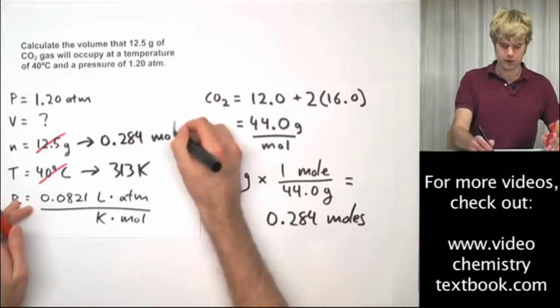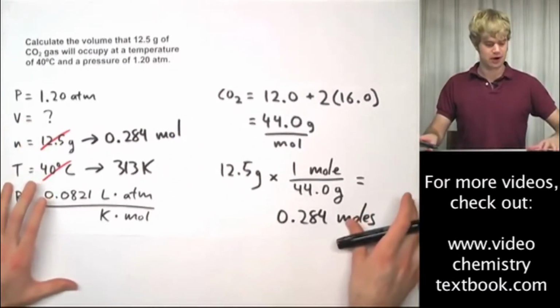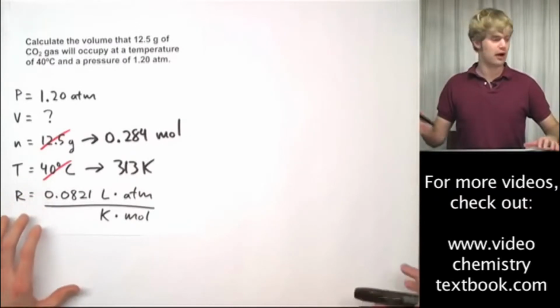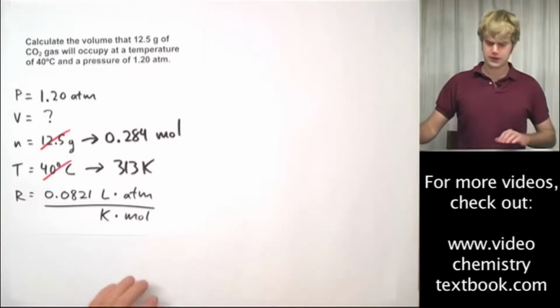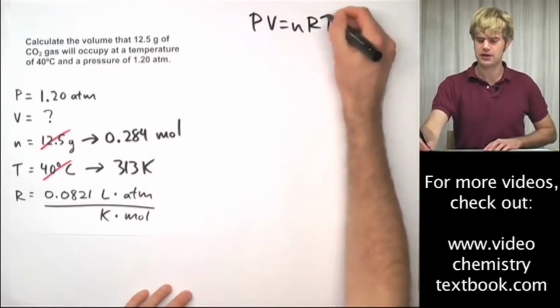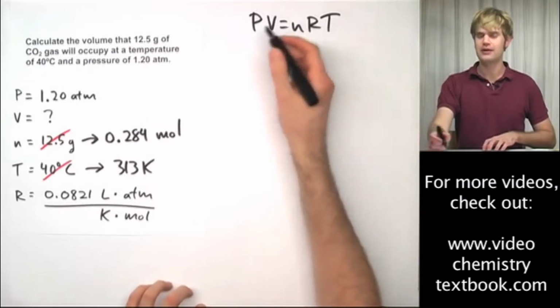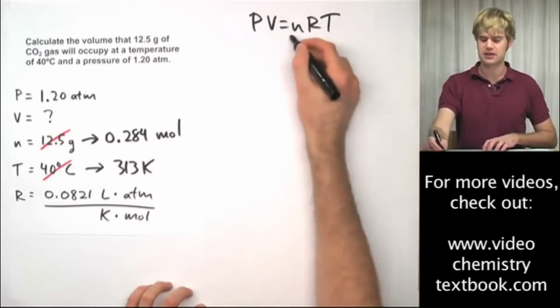So we can cancel out grams and show that we've changed this into 0.284 moles. Now, everything that I have in terms of my variables matches with a value that I have on R. So I'm going to take PV equals nRT, the ideal gas law, and rearrange this to get V by itself.